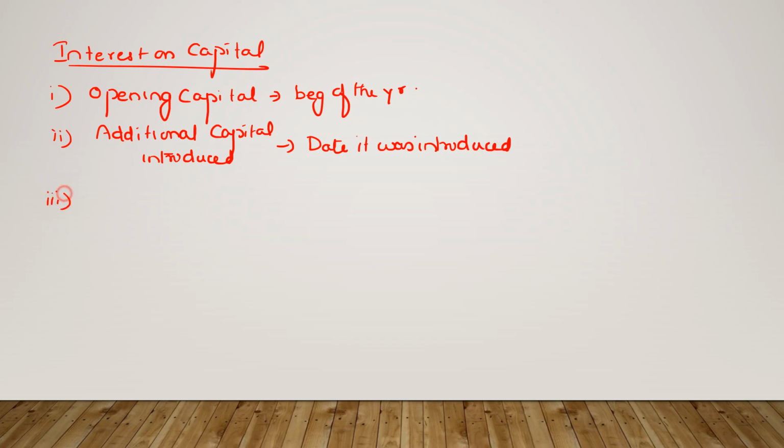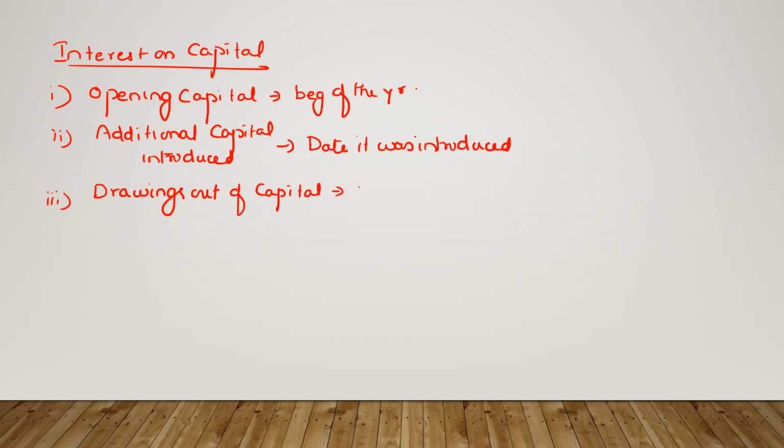Whereas there is another item like the drawings which is out of the capital. So drawings, as we have already learned in the interest on drawings, there is a separate video on that, are of two types: drawings against profit and drawings out of capital. Now when the amount of drawings is made out of the capital, what happens? The capital amount gets reduced.